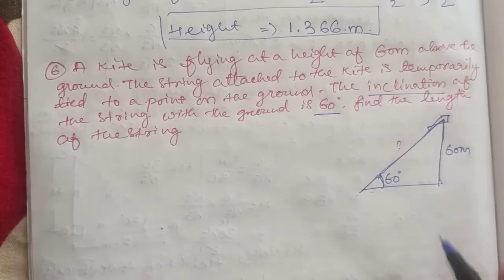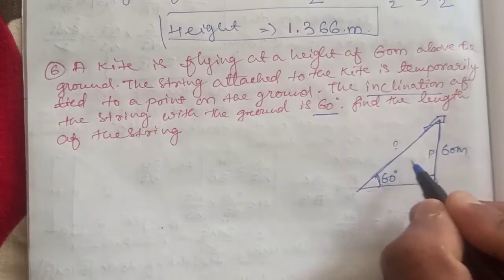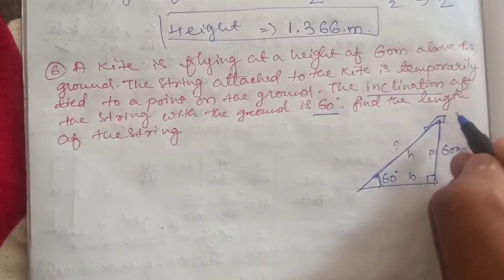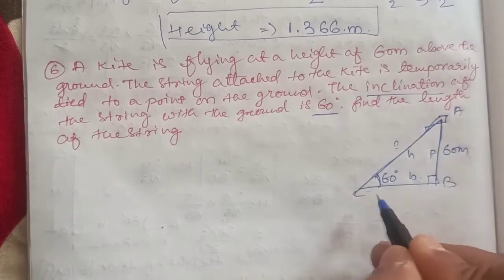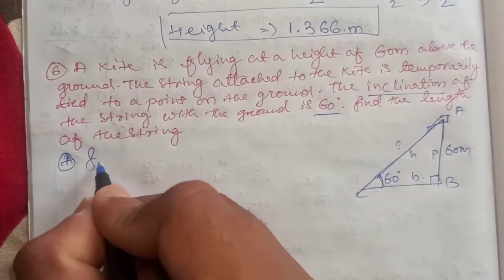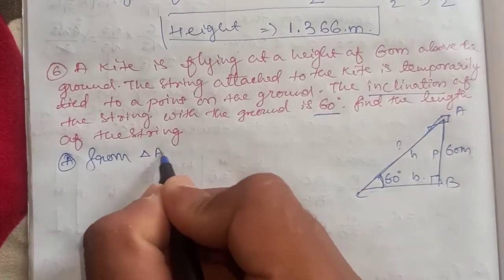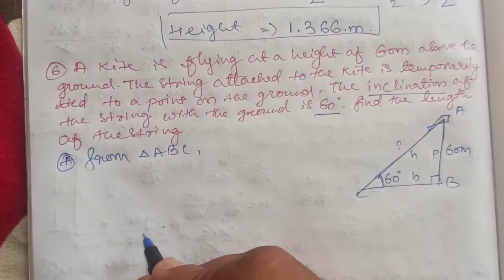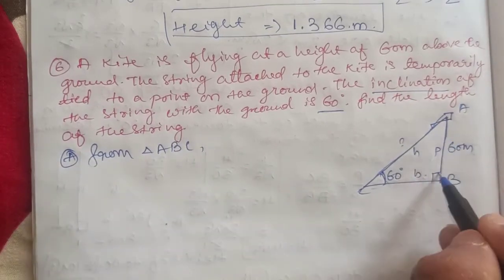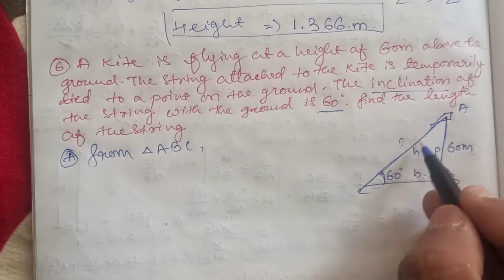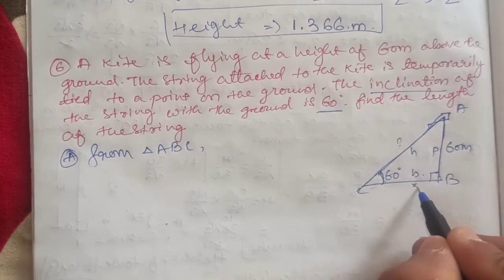So this is 90 degree. Name the triangle ABC. From triangle ABC, which trigonometric ratio will we take? This is the perpendicular, and we need to find the hypotenuse, so there is no use of the base.